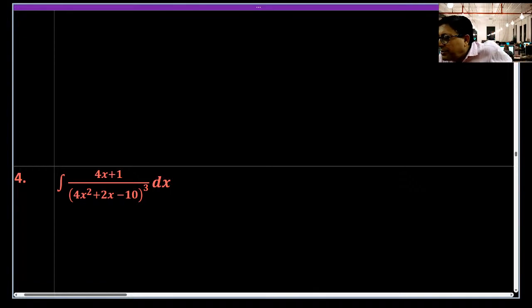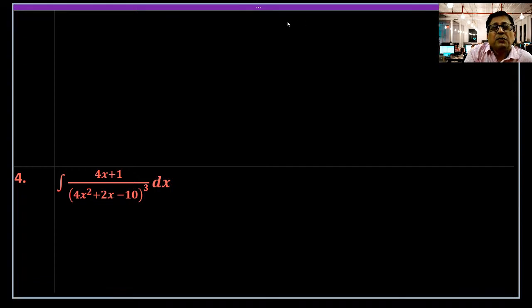You try first, you'll get 1 minute to solve it. Should start. How to do this one? You have to check which one is the derivative of what.